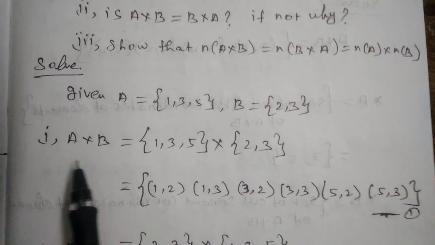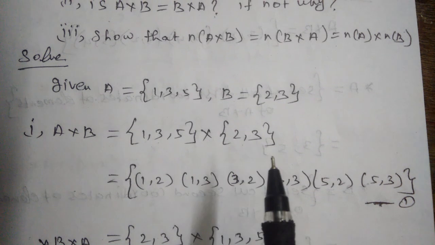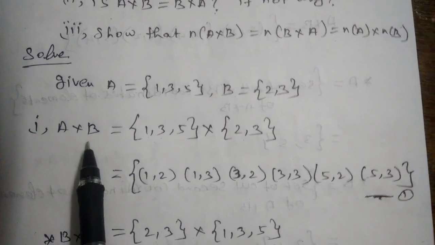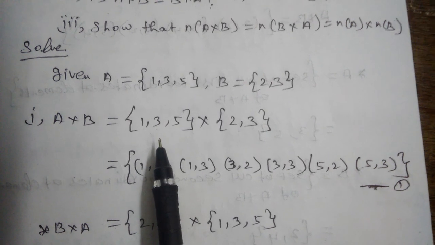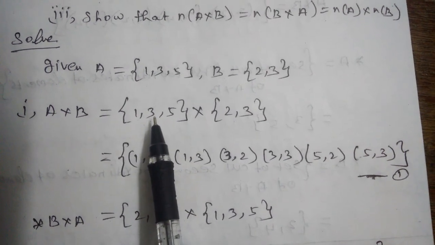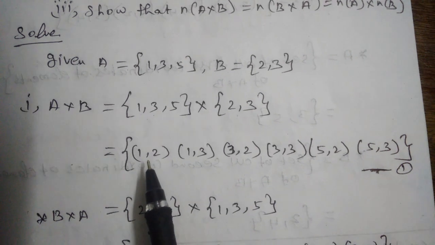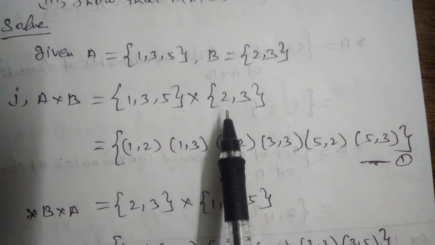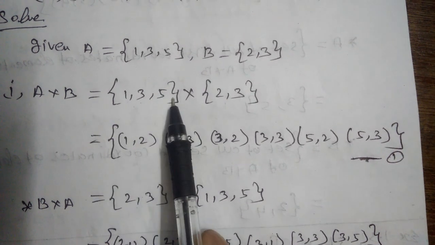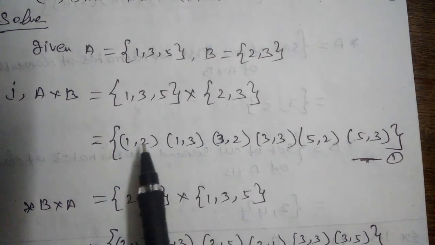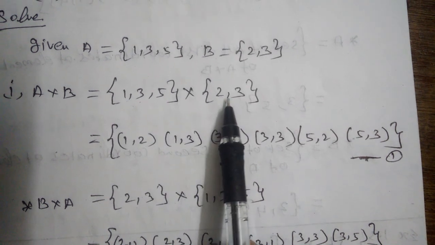For the first question, A cross B: the Cartesian product says each element of set A makes an ordered pair with all elements of set B. Listen, a very important point: each element of set A makes an ordered pair with all elements of set B.